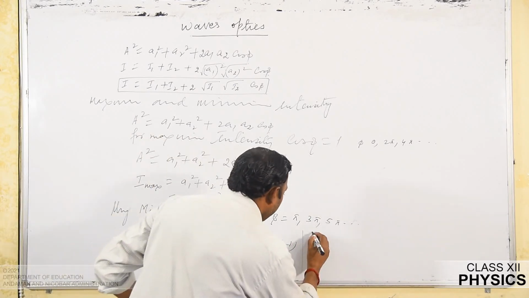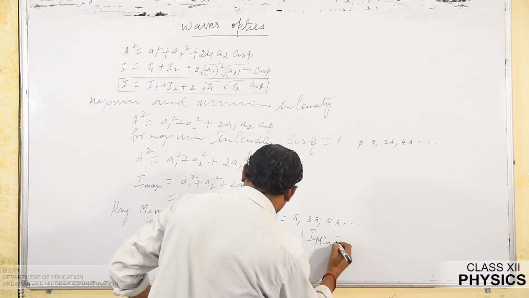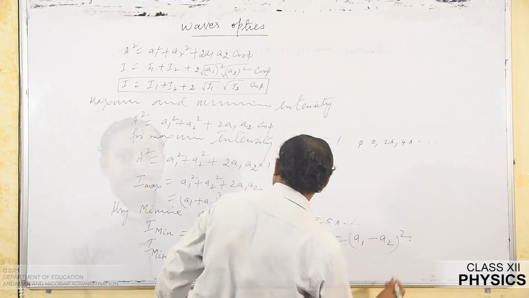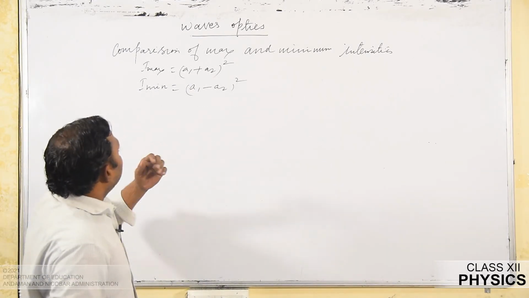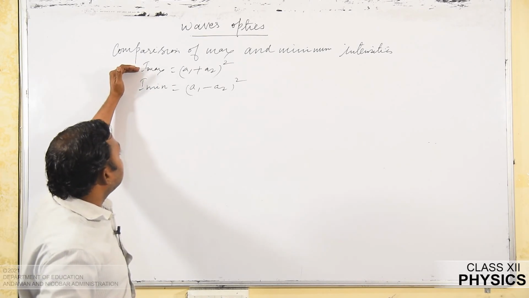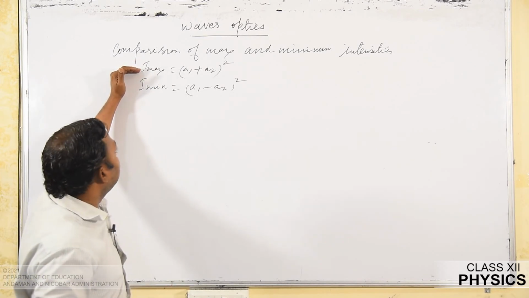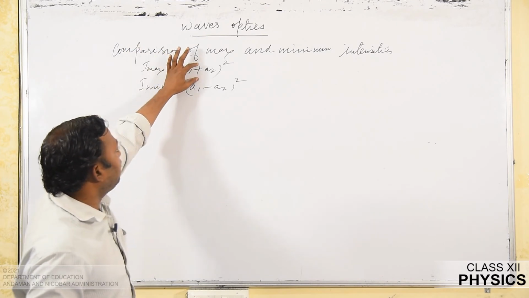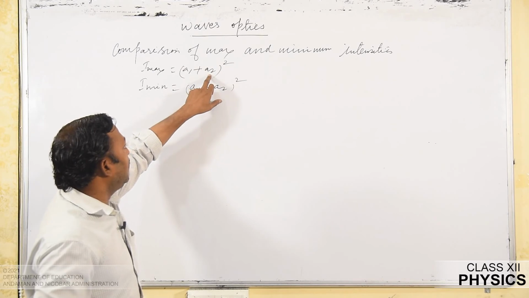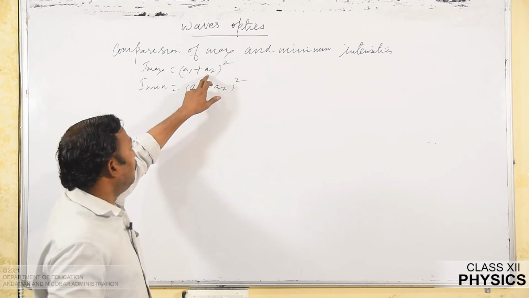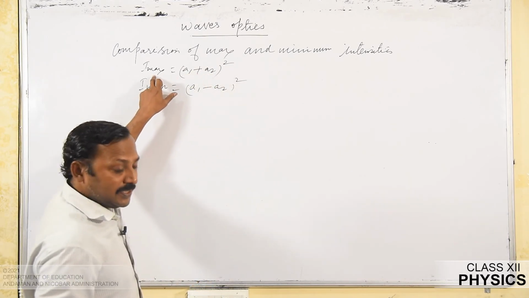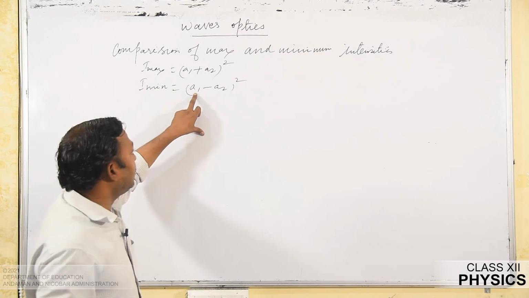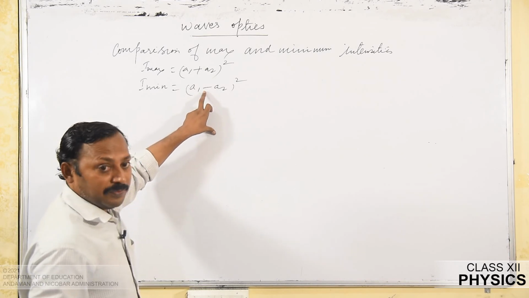You get minimum intensity is equal to a1 minus a2 whole square. Now let us compare the maximum intensity as well as minimum intensity when two light waves superimpose with each other. The maximum intensity is given by a1 plus a2 whole square, that will depend upon the amplitudes of both the waves. More the amplitude, more will be the intensity, and minimum intensity depends upon again the amplitudes, but there will be minus sign between these two.